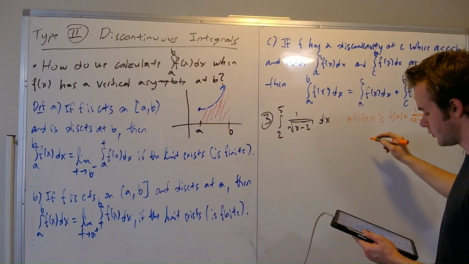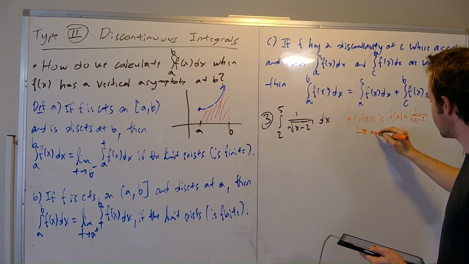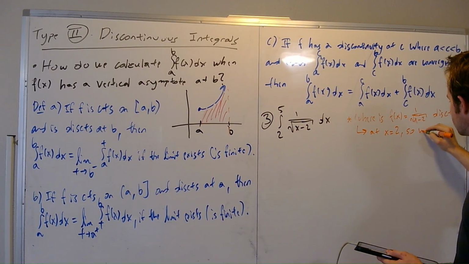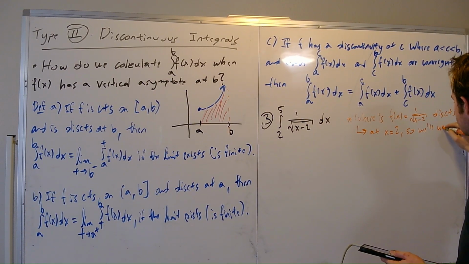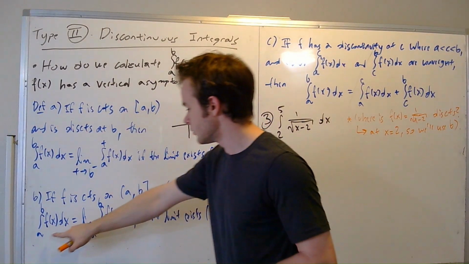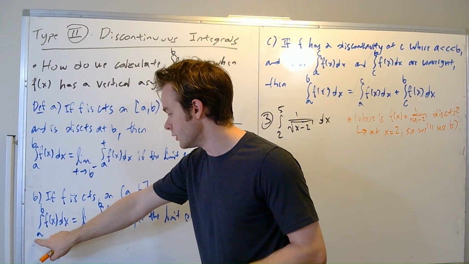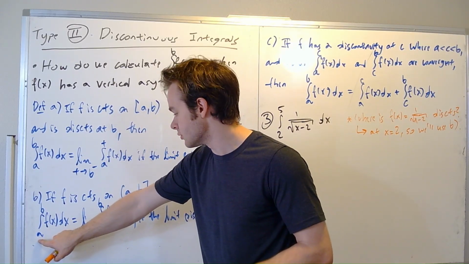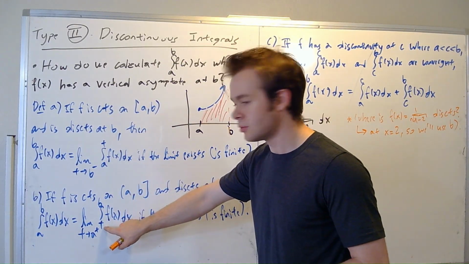And our answer is at x equals 2, so we'll use part B. Right, so part B tells us how to deal with it if our function is discontinuous at this number. It tells us just replace that with a t.